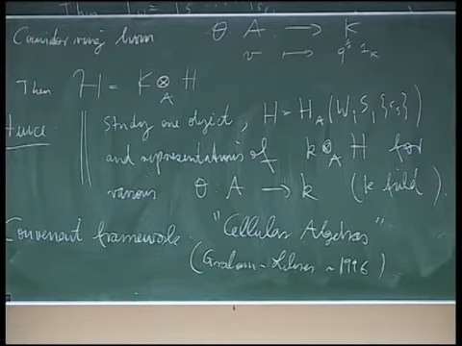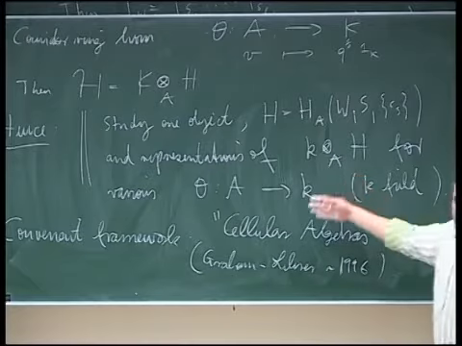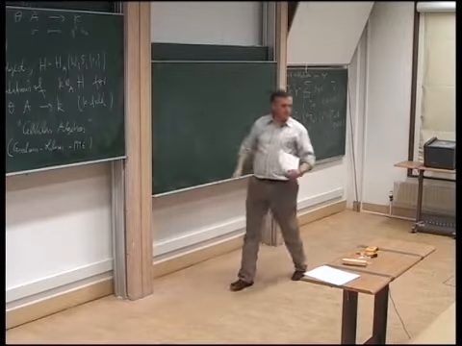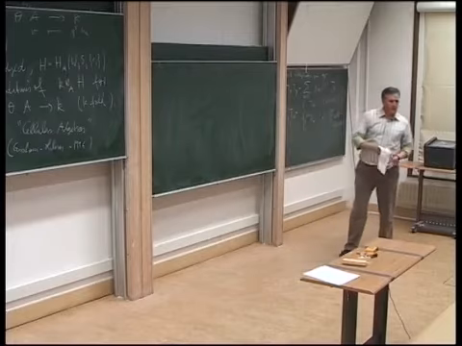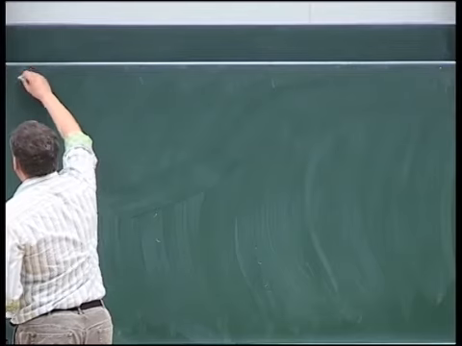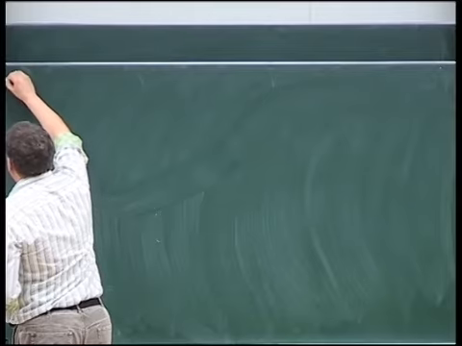So Graham and Lehrer defined a class of associative algebras which they called cellular algebras. And these algebras have a very nice representation theory. So, the general definition.